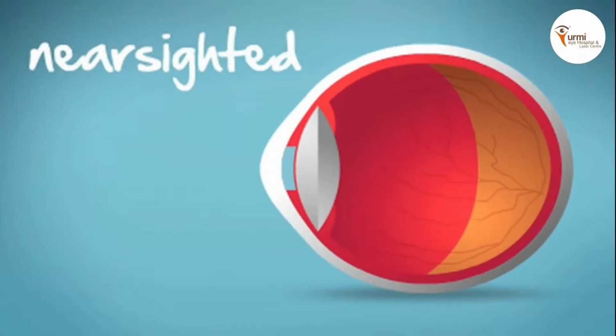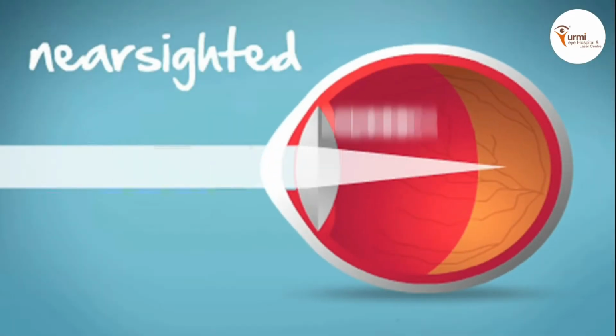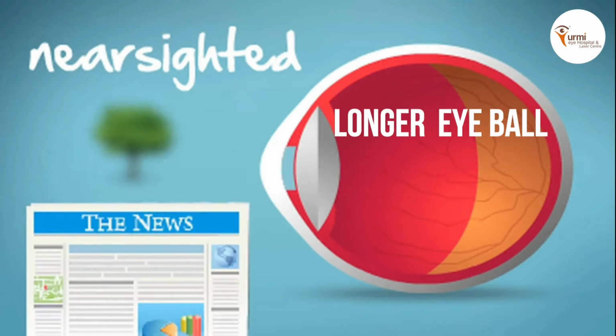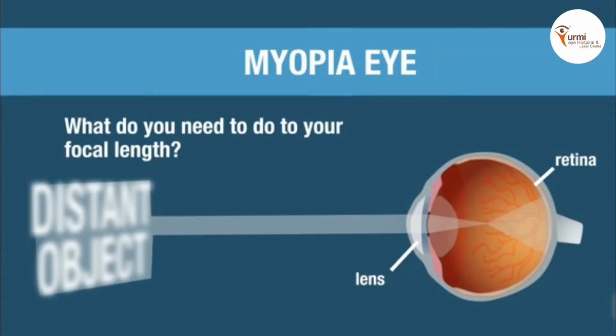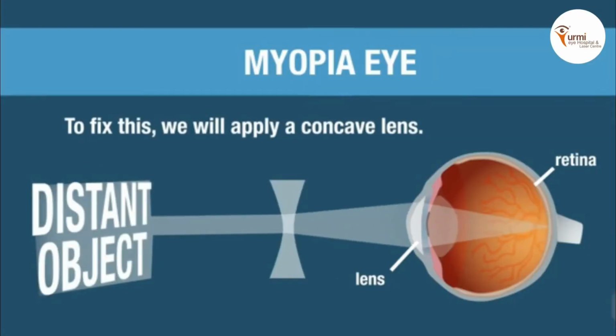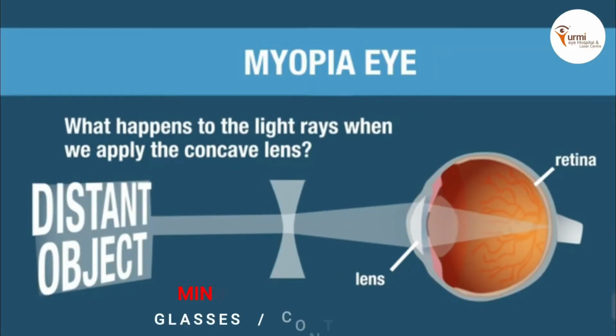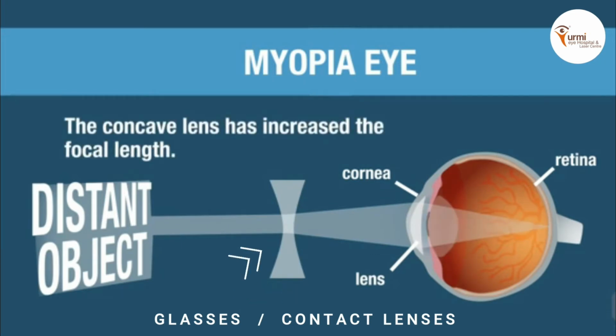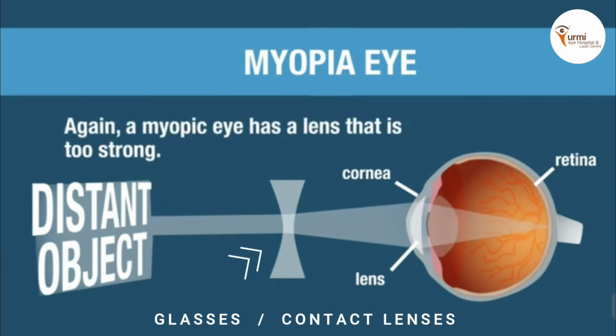In some cases, nearsightedness is also because of progressive elongation of the eyeball, particularly in teenagers. The treatment is giving minus power or concave glasses in front of the eye so that the rays are well focused onto the retina.